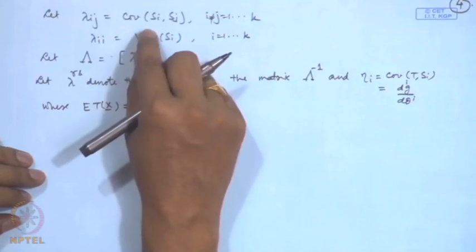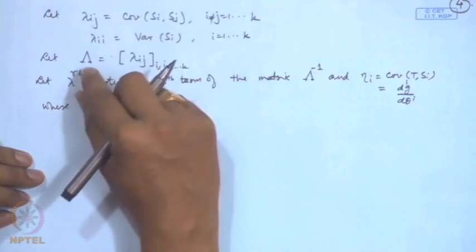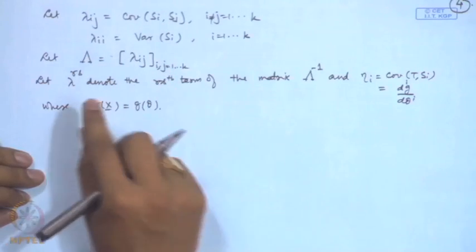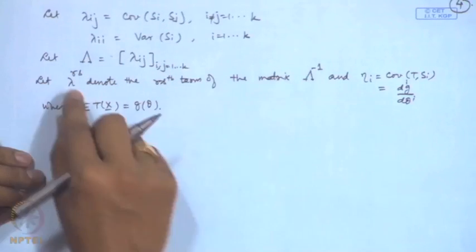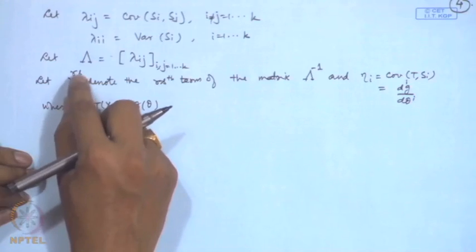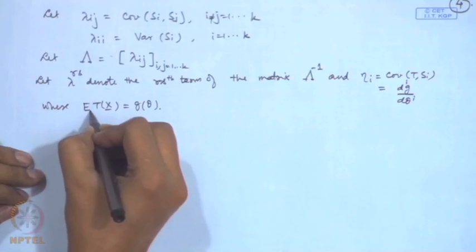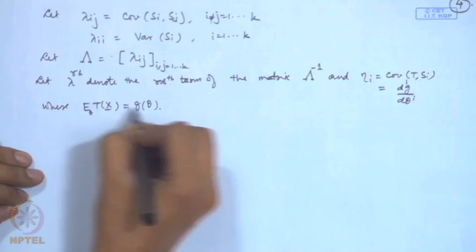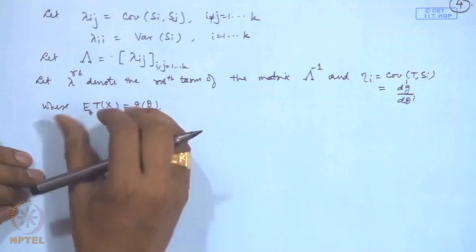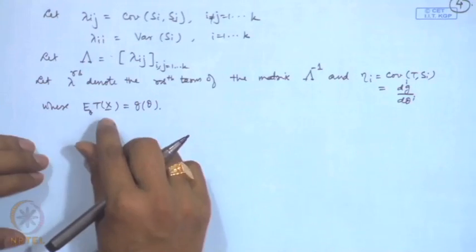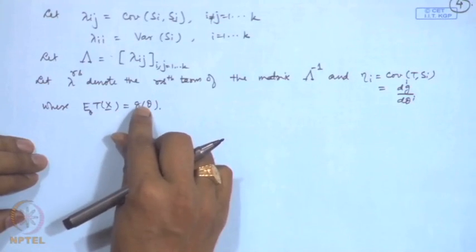Further we define certain quantities. Let us call lambda the variance covariance matrix of S_1, S_2, ..., S_k, and we consider lambda inverse, and the terms of lambda inverse we denote by lambda^{rs}. I am defining some additional things. Let T be an unbiased estimator of g(theta). So, I am considering in general an estimation problem for any parametric function, say g(theta). So, T is an unbiased estimator.